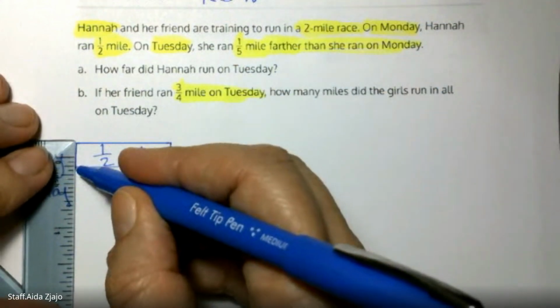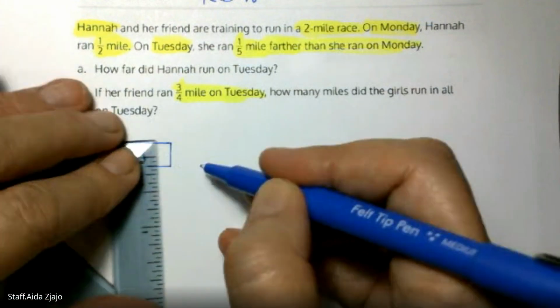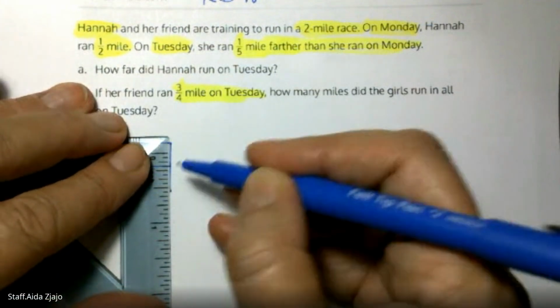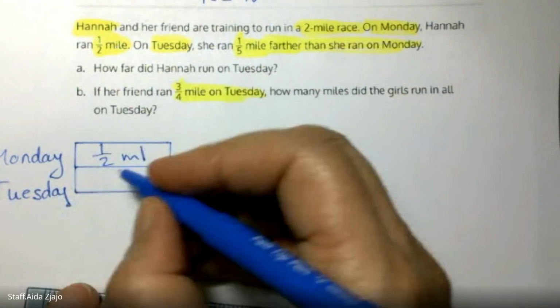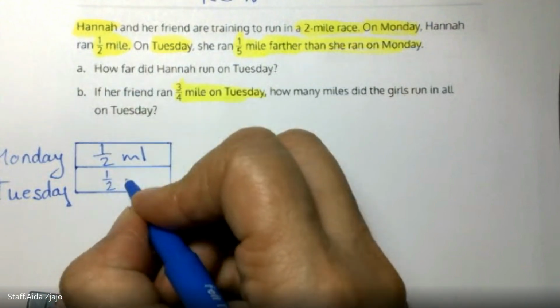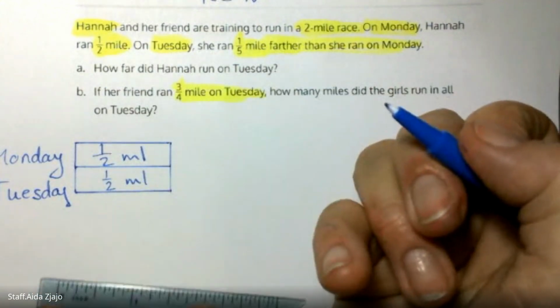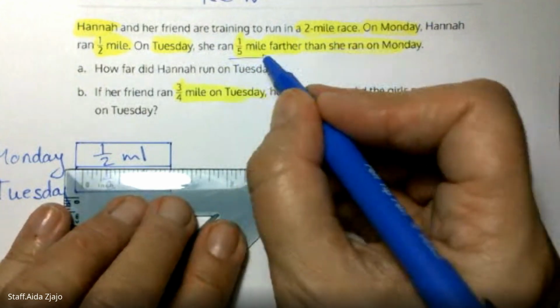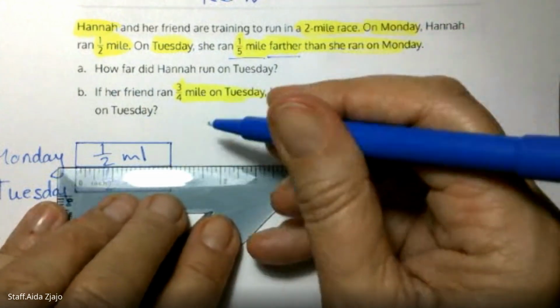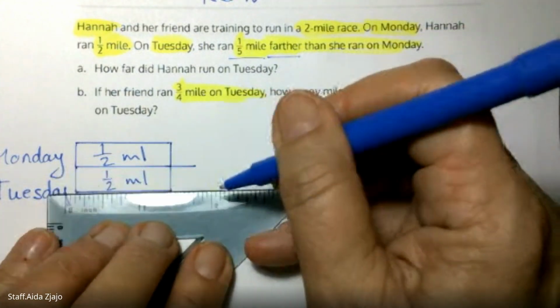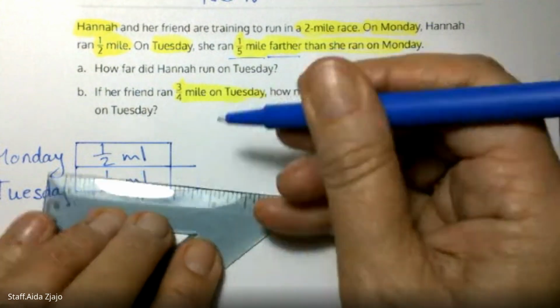So if she ran the same, it would be half a mile. But the story says 1/5 further. So that means she did 1/5 plus 1/5.